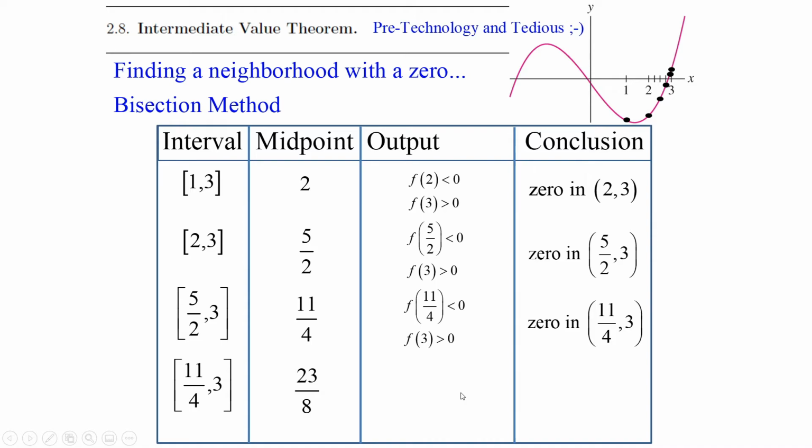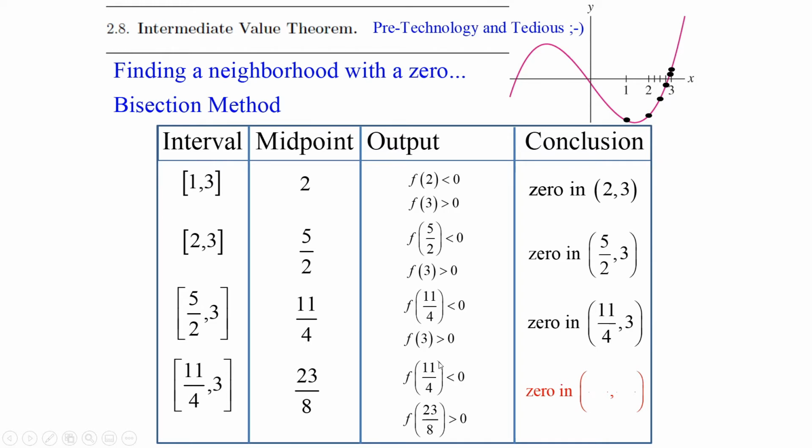F of 11/4, which we said above, is less than 0. And if you look at this carefully, F of 23 over 8 is greater than 0. All right, so now I'm in a neighborhood close enough for my approximation. I know that the 0 needs to be in the open interval, and I'm going to write this 11 over 4 a little differently so I can really stress how small this interval is.